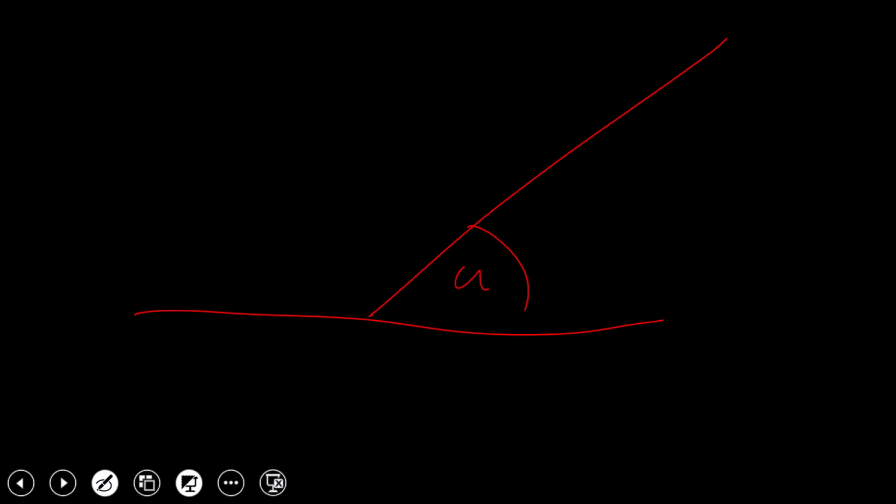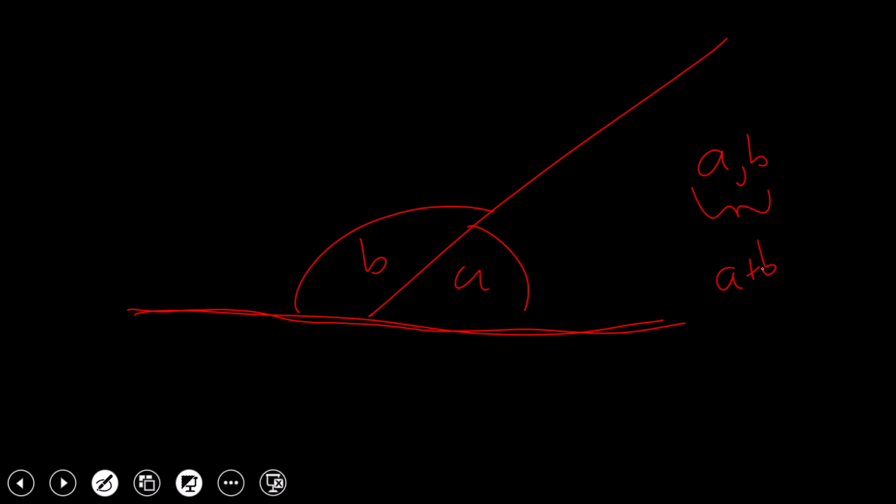So when two angles are next to each other, let's say angle A and angle B, and let me say this line over here is a straight line, and these two angles are next to each other. So A and B are adjacent. That is the first condition. They must be adjacent and they must add up to 180. So when I add, I get 180. When this happens, we say that angle A and angle B are a linear pair.